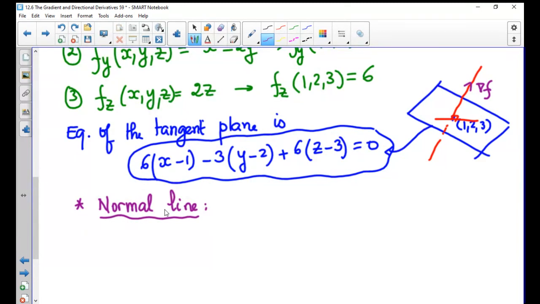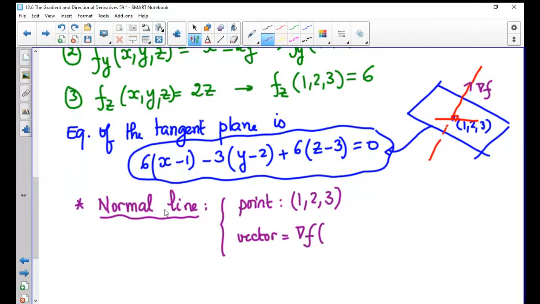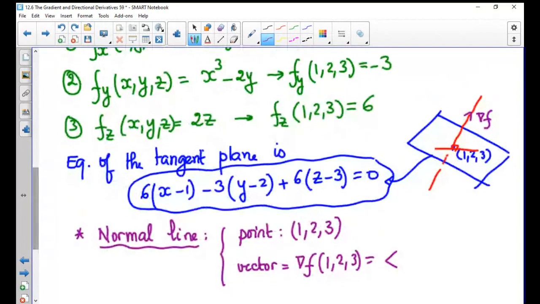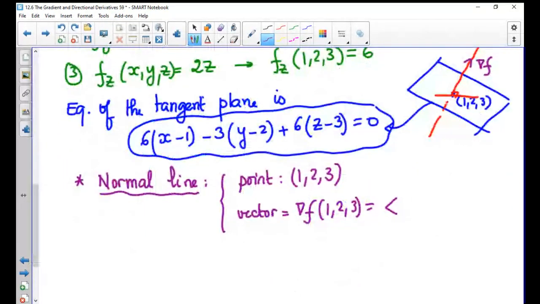You need a point, and a vector in the same direction as the line. And we have both of these. The point is 1, 2, 3, and the vector is the gradient vector. At 1, 2, 3, the gradient vector is 6, minus 3, 6.